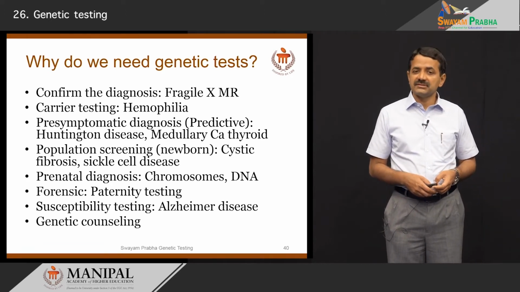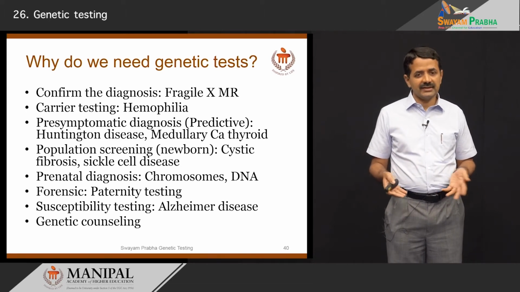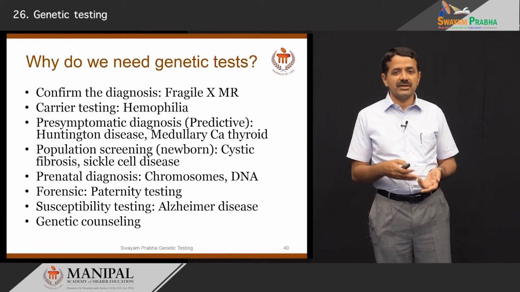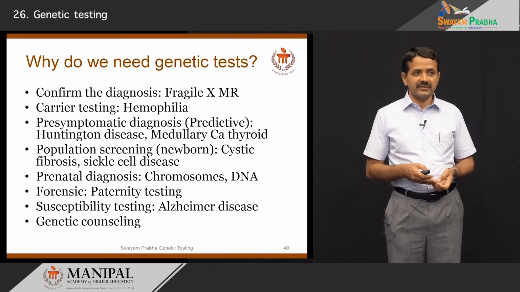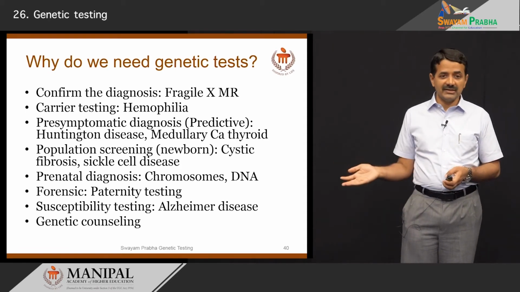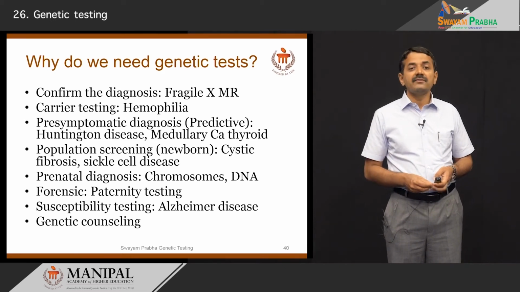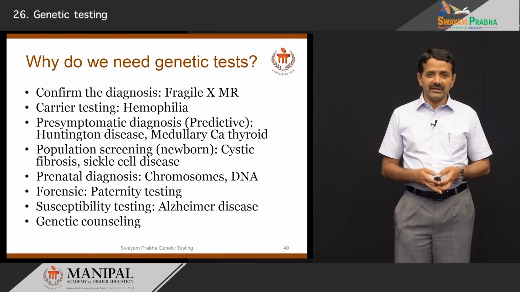Prenatal diagnosis for chromosome analysis like Down syndrome, or DNA analysis for thalassemia, Duchenne muscular dystrophy, spinal muscular atrophy. Even in forensic for paternity testing, susceptibility testing for Alzheimer's disease.